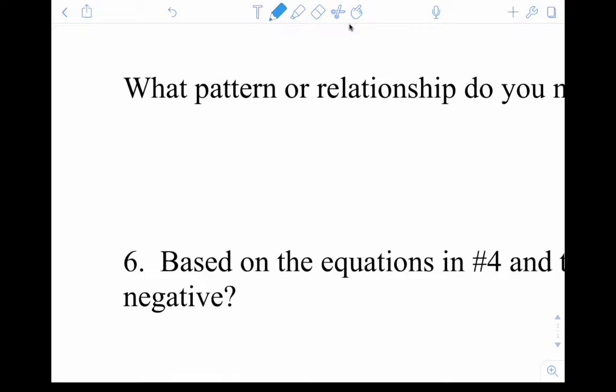You might have noticed that all the heights are positive.